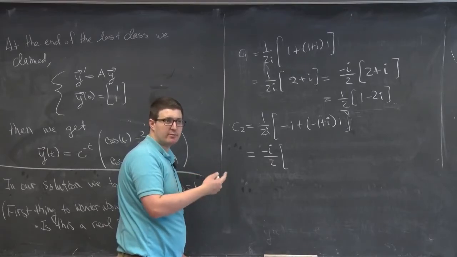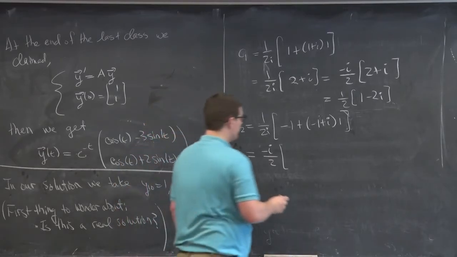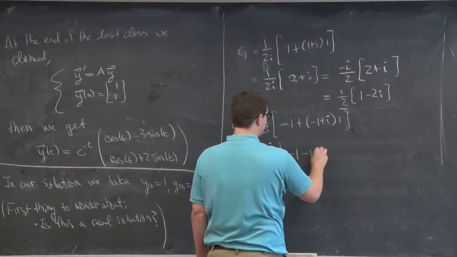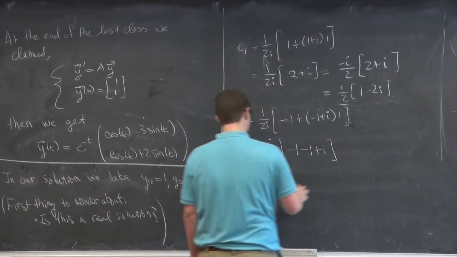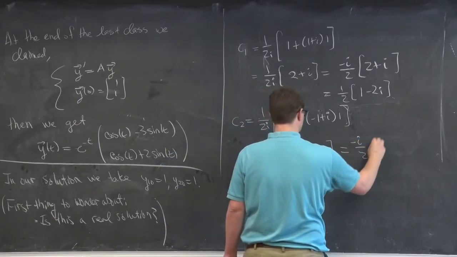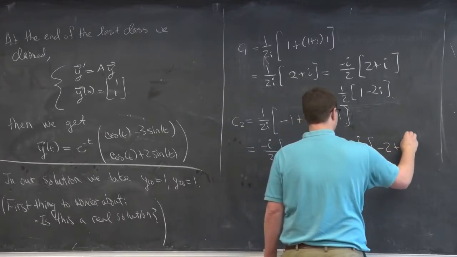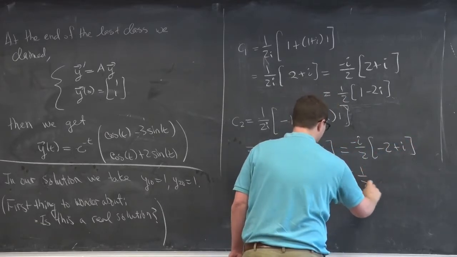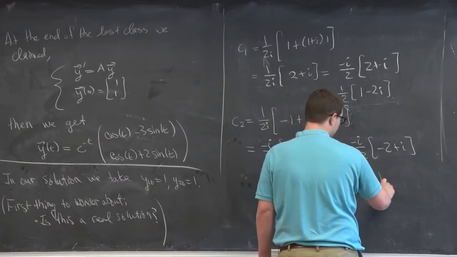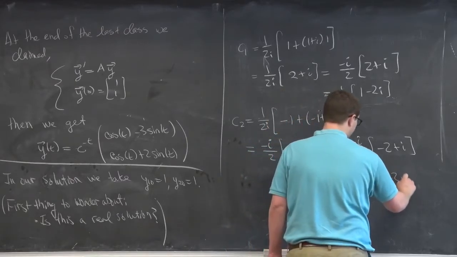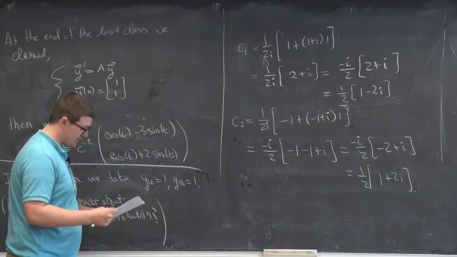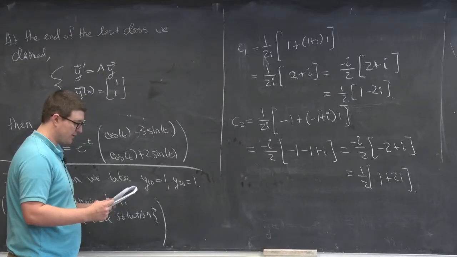If you throw another minus 1 in there, you get 1, okay? So now this is minus 1, minus 1 plus I, okay? And so this is equal to minus I over 2 times 2 plus I. Okay, so this is 1/2, and now we have 1 plus 2I. Okay? So these two things are complex conjugates of each other, which is convenient.